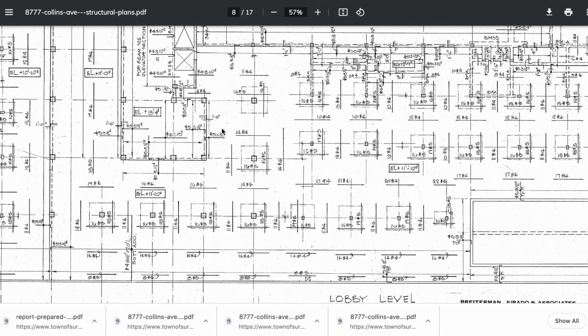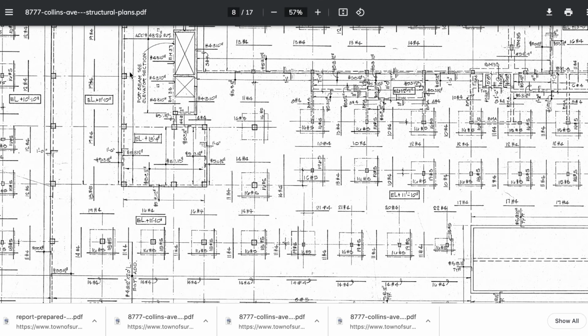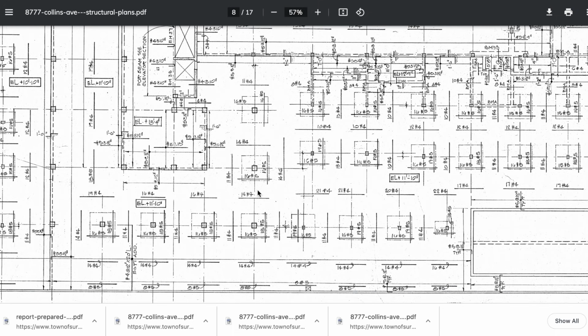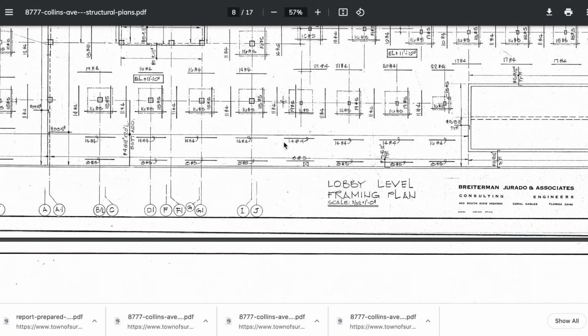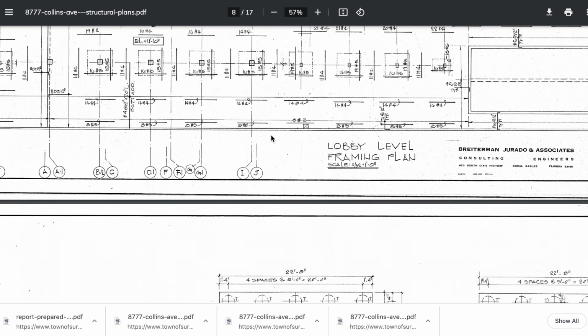So lobby level, and the lobby over here is the desk with glass that you can see through. 11 foot 10 also. So we get shearing of the deck, the pool deck, and the garage deck don't have the finish.